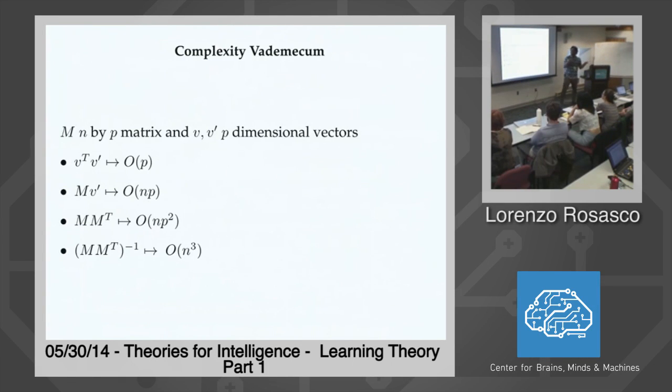Okay, makes sense. So this is just a quick summary. If you have vectors of length p and you multiply, this costs you p. If you have a matrix times a vector, you have to do this n times, so it's np, and for a matrix times a matrix, np squared. And the inverse of the matrix is roughly speaking n cubed.